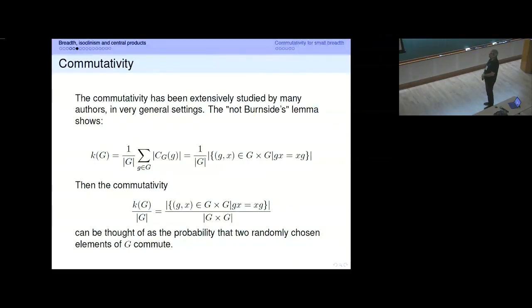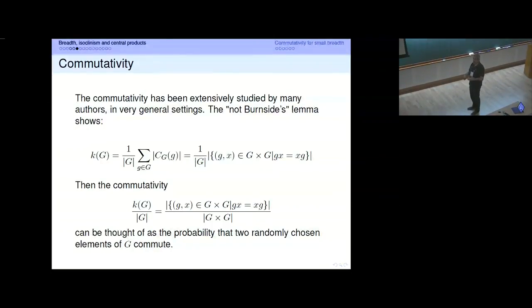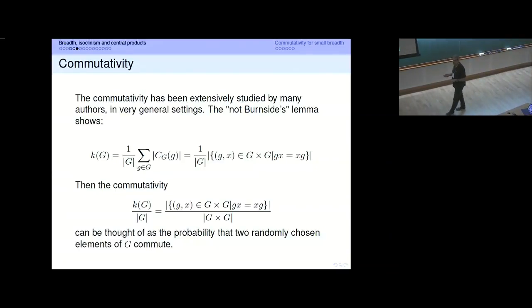Now, I won't speak about the commutativity. I am within p-groups now. A lot has been done about this in other contexts. I just want to tell you why, something that Primož said yesterday, the commutativity is really to be interpreted as the probability of two elements of a group to commute.